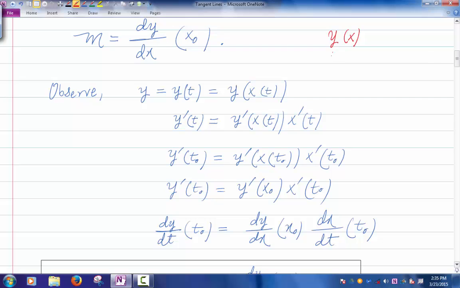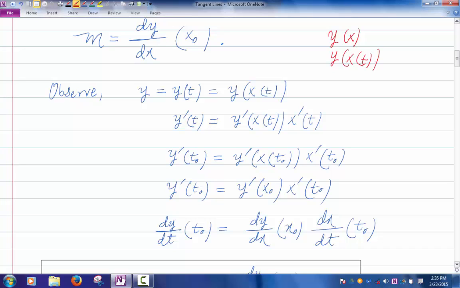So I can evaluate y of x of t, right? Because I have a formula for x in terms of t. So notice that y of x of t must be the same as y of t, right? Eventually, if you look at y of x, say you have a formula for y of x, replace x by x of t, the formula in terms of t, you're going to be able to write y in terms of t, right?